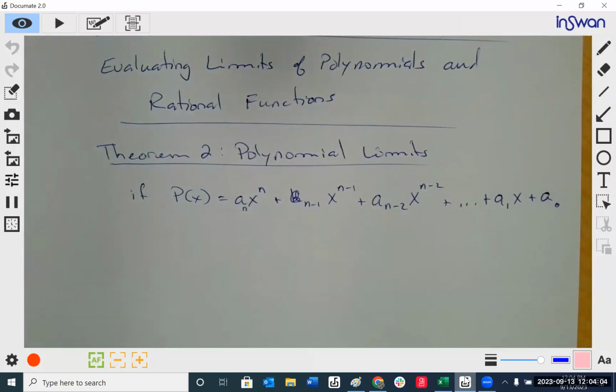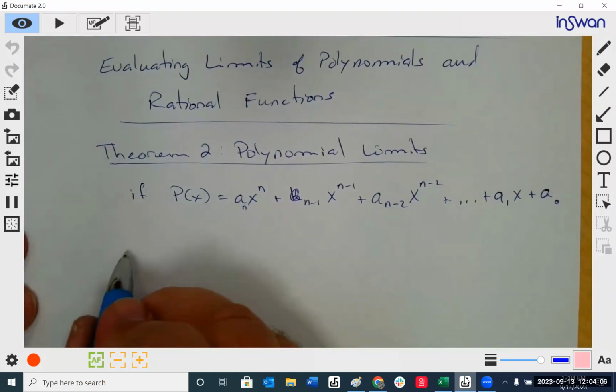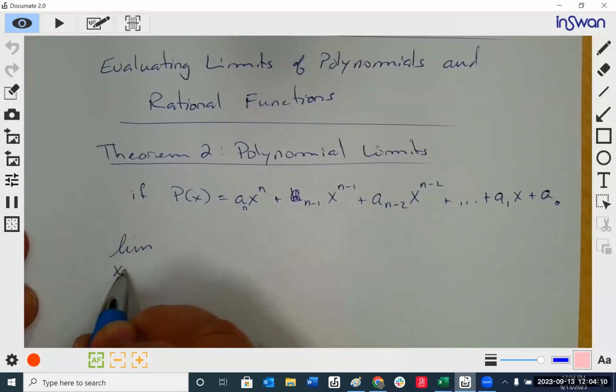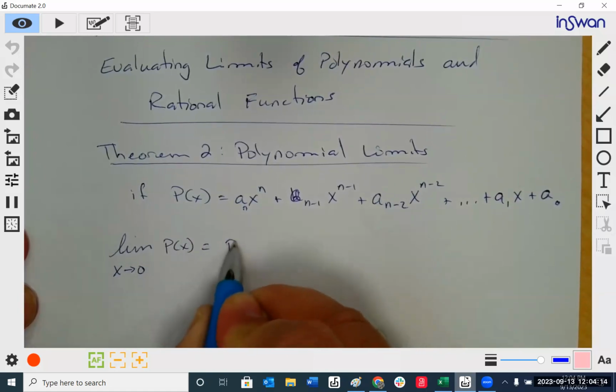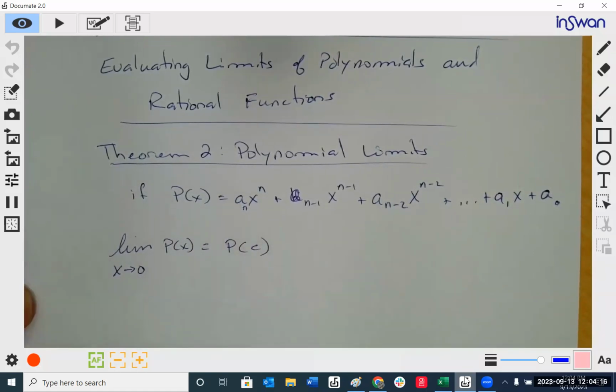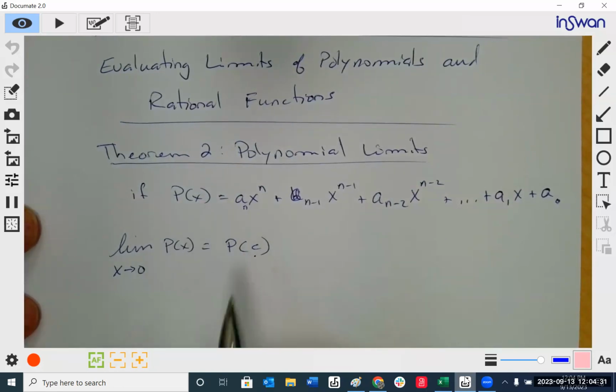That's an nth order polynomial. If you take the limit of that polynomial, just plug it in there. Isn't that what we just did? We just said, anywhere you see an X, put a C.